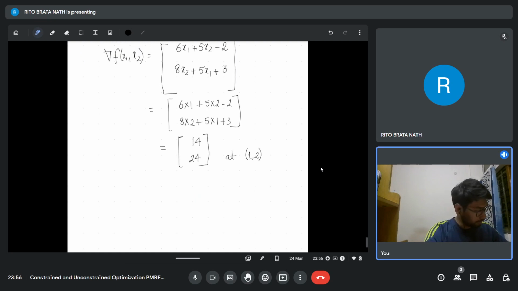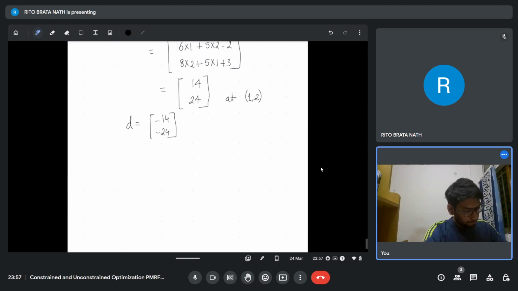Now the direction will be the opposite of this. So the D will be minus 14, minus 24. Now x2 is x1 plus lambda d. x1 is 1 comma 2, so this is plus lambda times minus 14, minus 24.